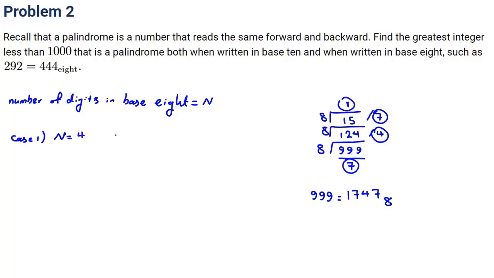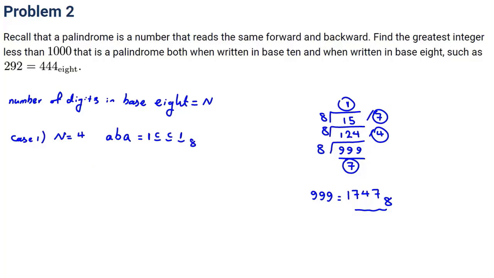So the number in base 10, you call it ABA. In base 8, because we have 4 digits and the largest possible case is this, the first digit can only be 1, because if it is 2, then it will be greater than 999. So it should be 1, and the last digit also 1, and the middle digits we can call C, in base 8.